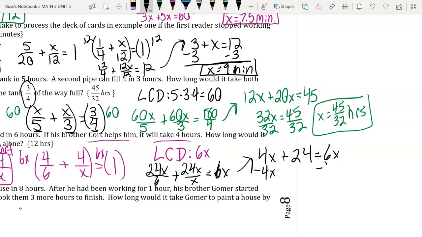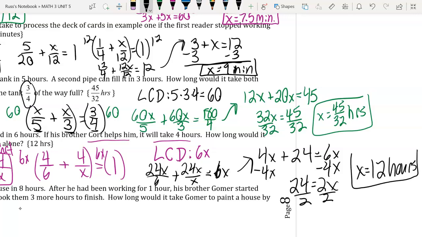Take away 4x, take away 4x, you get 24 equals 2x. So x is 12 hours. Okay?